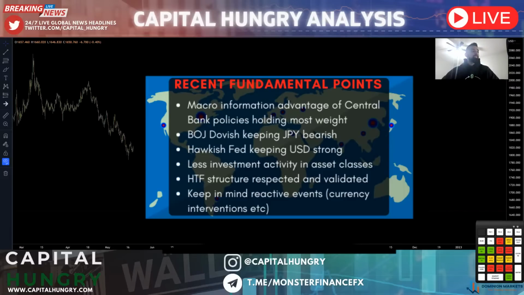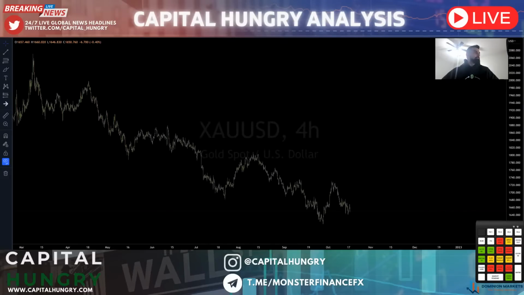We've seen the Japanese government do some currency intervention in the short term to bring up yen strength. All of those are short-term reactive events that get faded out in the overall monstrous rate hike cycle by some of the major central banks, with main focus being the Federal Reserve, obviously, as they impact and are the cartel of the currency of the US dollar, and the US dollar being your world reserve currency and global business currency.